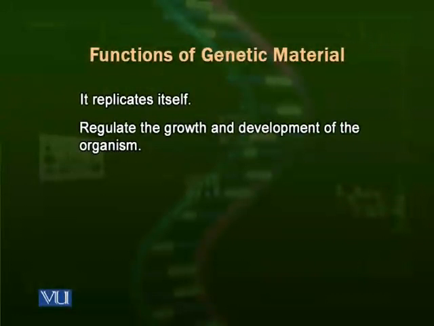The second property is that it should regulate the growth and development of the organism. This particular molecule should have the capability to regulate or control the growth and development of the organism in which it is present. For example, if we look at human beings, we have so many characteristics.